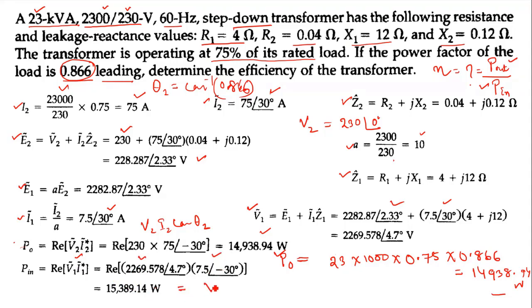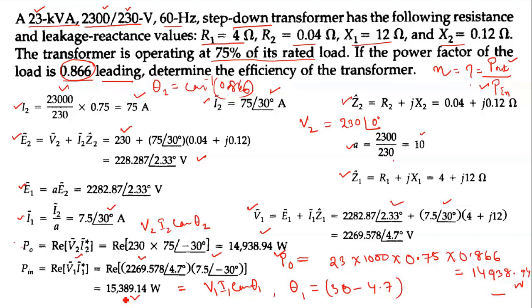Otherwise you can write V1 I1 cos theta 1, and theta 1 is the angular difference between V1 and I1. I1 is at 30 degrees and V1 is at 4.7, so it will be 30 minus 4.7. So I can write V1 I1 cos theta 1.